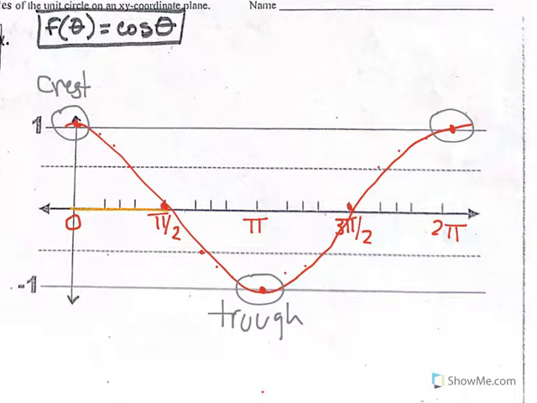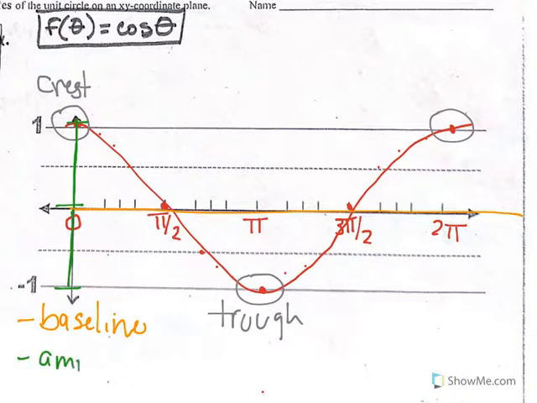Right now, your x-axis is what we consider the baseline. And if you think about the height, which again we call amplitude of this wave, it actually also happens to be 1. So the amplitude, which is the height of the wave, remember, is measured from the baseline to the crest or baseline to the trough, and the amplitude is 1.